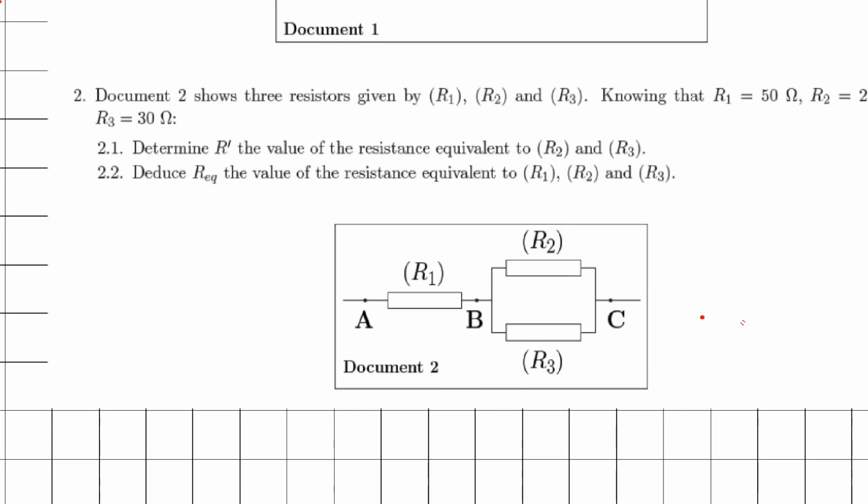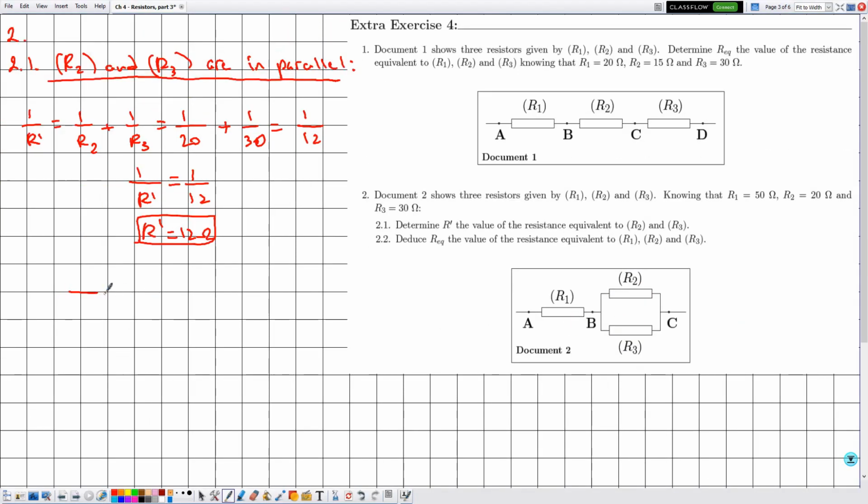So in this case, R prime is the equivalent resistance of resistors R2 and R3 across the terminals B and C. So here we have the resistor R1 across the terminals A and B, and we have another resistor given by R prime across the terminals B and C. So now, as we proceed, we need to consider two electric circuits that are given by this and by this, and we will use the easier in our calculations, okay?